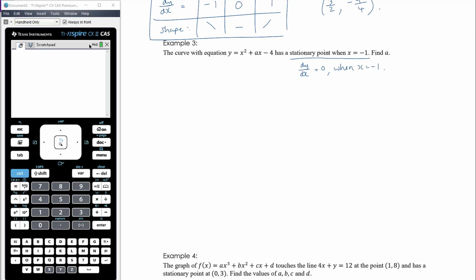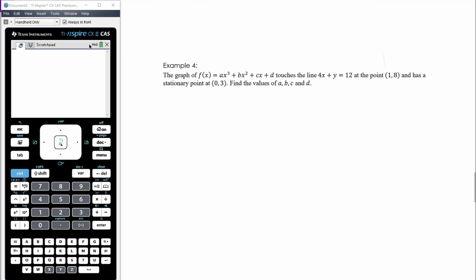Let's find dy/dx. So dy/dx is going to be 2x plus a. When x equals negative 1, dy/dx will equal 0. So 0 equals 2 times negative 1 plus a, so 0 equals negative 2 plus a, and so a equals 2.